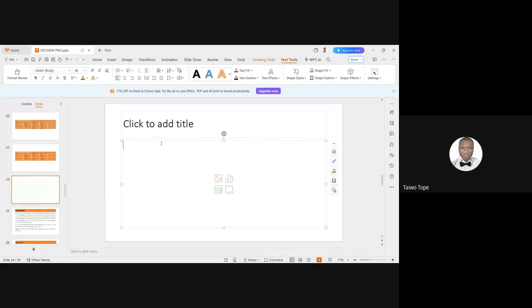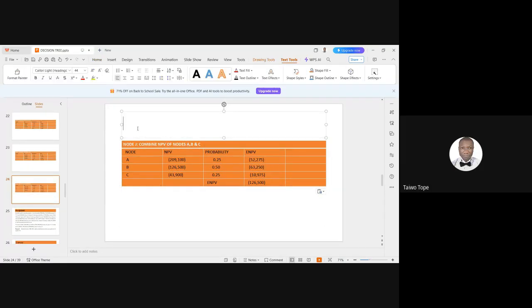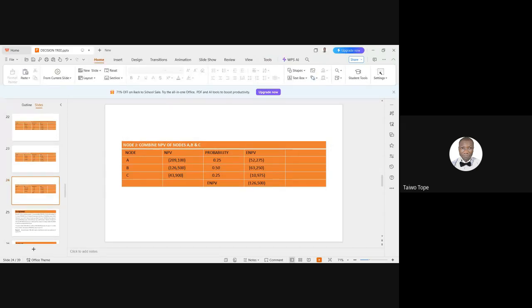Let's see now. It's a long shot. Not M, it will now be a combine.